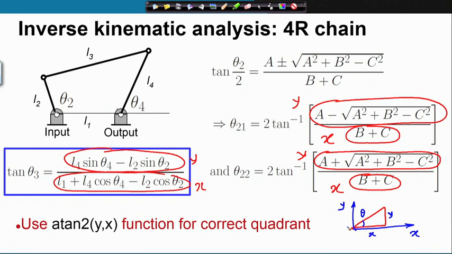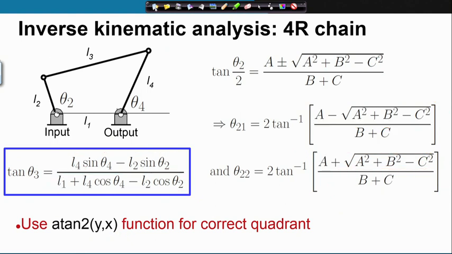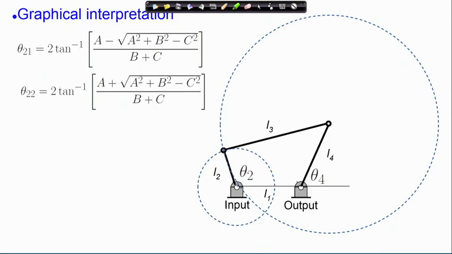So, that it finds out by looking at the sign of y and x, that is why it requires separate entries of the numerator and the denominator. Okay. So, let us proceed further and look at this solution graphically.